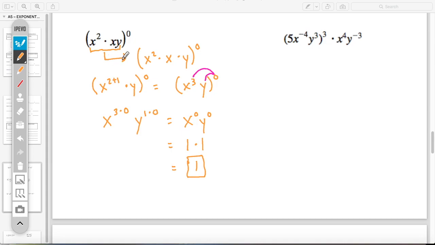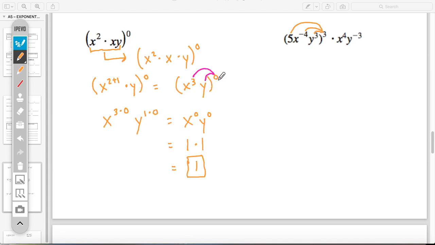So let's take a look at this next one. I'm not going to touch this expression over here. I'm going to worry about my parentheses first. I know this 3 needs to be distributed to all 3 terms here.